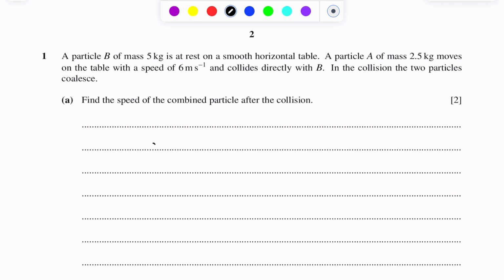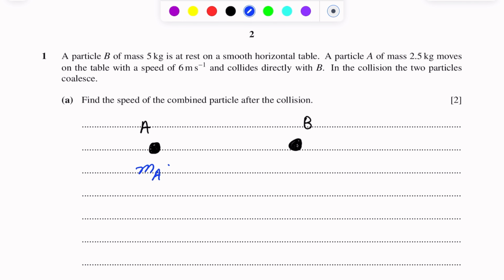Let this be particle A, this particle B. Mass of particle A is 2.5 kg. We represent it by MA.